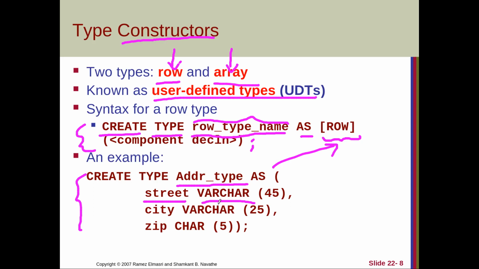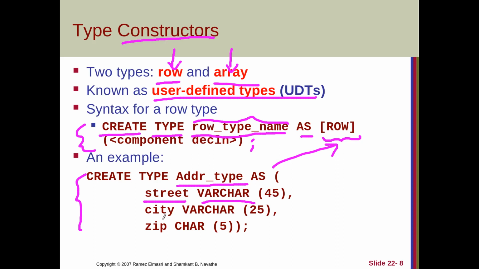You might know what VARCHAR is, variable character. In traditional SQL also we use this VARCHAR. The same data type we follow here also. Street is the attribute name, VARCHAR, then within brackets the size of that street attribute, that is 45. Up to 45 characters can be permitted for this street.